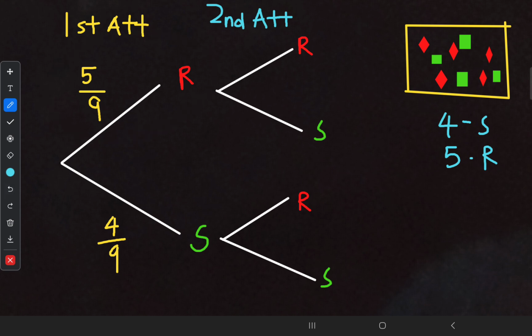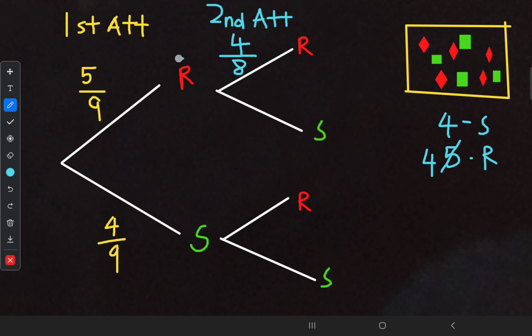So now the count of rhombus inside that box would be 4. You are going to pick another one, so one rhombus we have to reduce from the total count. So now there are totally 8 objects inside that box. Out of 8, there are 4 rhombus. This is the way you should complete this branch.